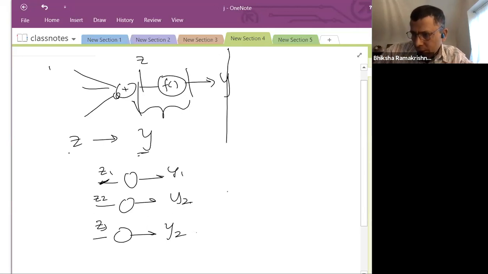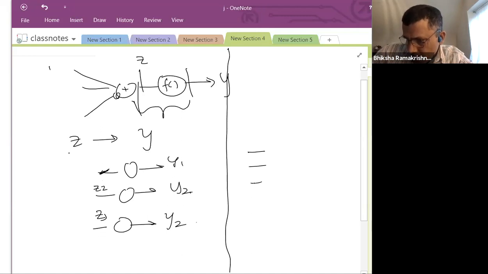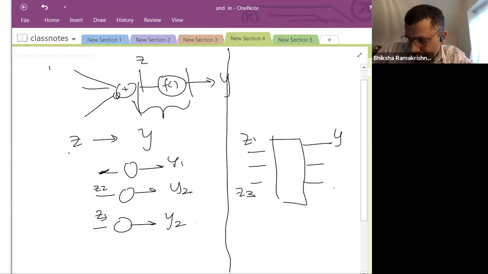I can have an alternate case where all of these Z's go into this magic box and a bunch of Y's come out. This is a more generic setting. And here, you cannot make an assumption that perturbing this Z will not change these outputs. Perturbing any of these Z's will change, in the most generic case, all of these outputs.